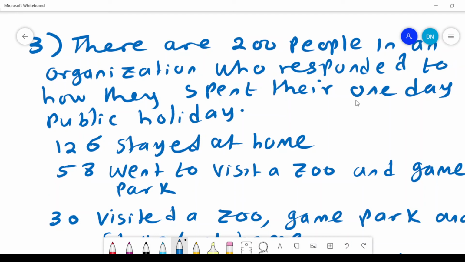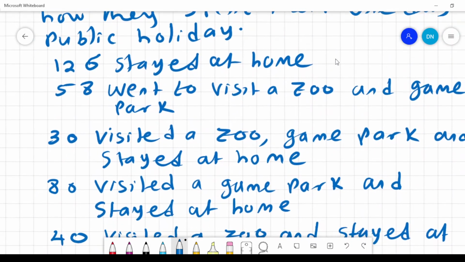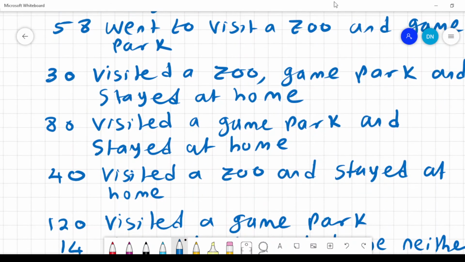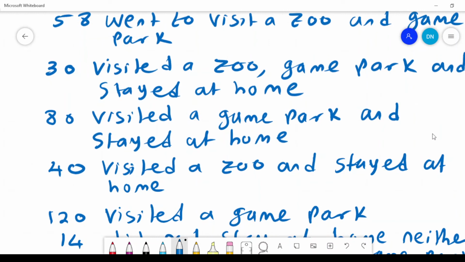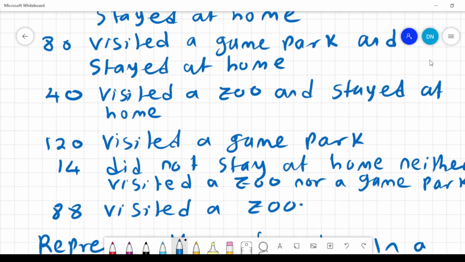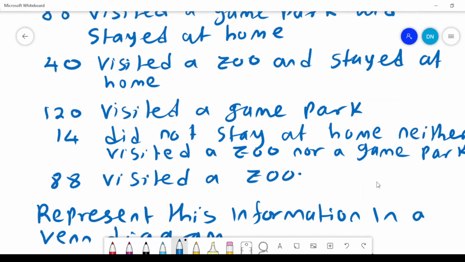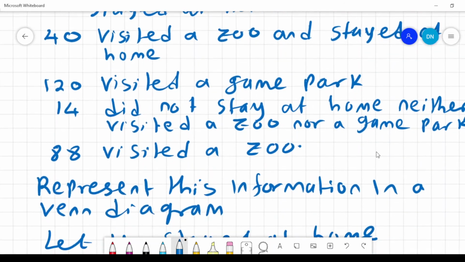From that data, 126 stayed at home. 58 visited a zoo and a game park. 30 of them visited a zoo, a game park, and stayed at home. 80 visited a game park and stayed at home. 40 visited a zoo and stayed at home. 120 visited a game park. 40 did not stay at home, and neither visited a zoo nor a game park. 88 visited a zoo.